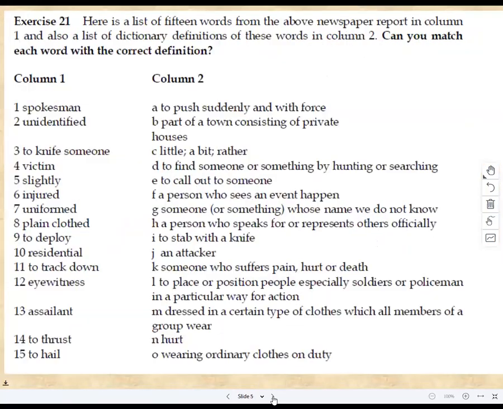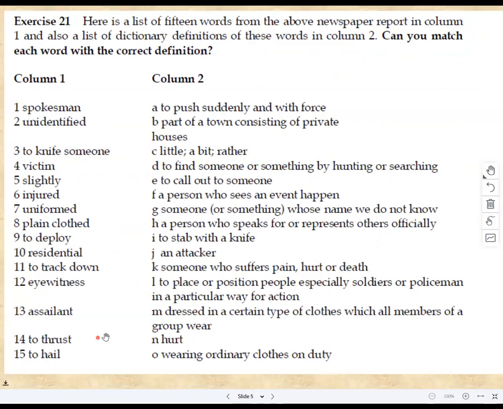So moving further, this is one exercise which is given in your book. There is a list of 15 words from the newspaper report that we have just read, and there are definitions given in column 2. Now, what we have to do is we have to match the columns.